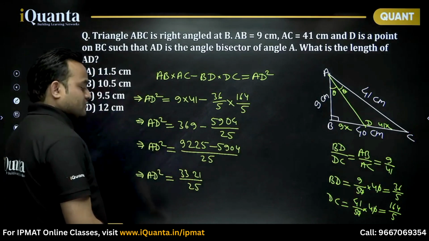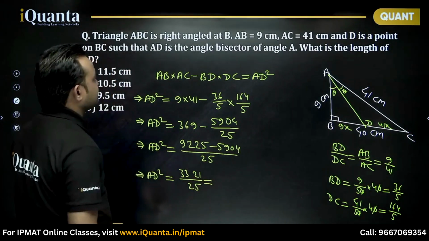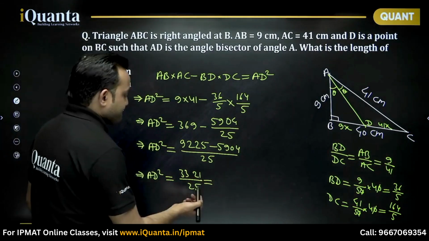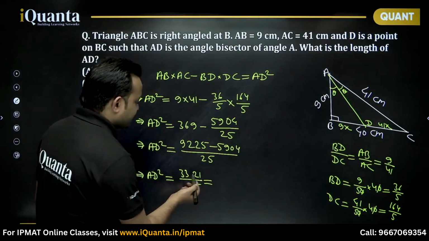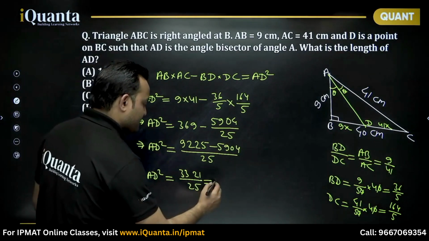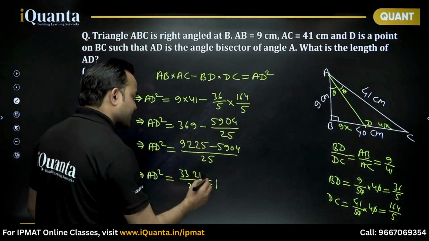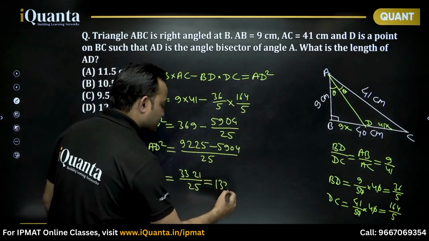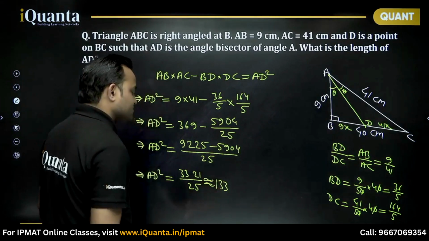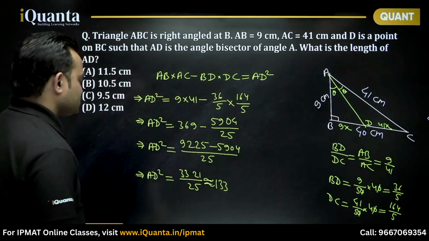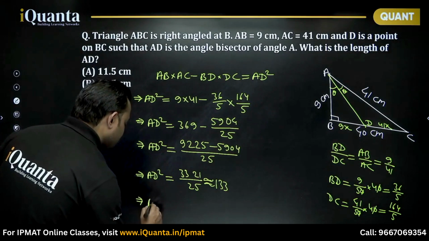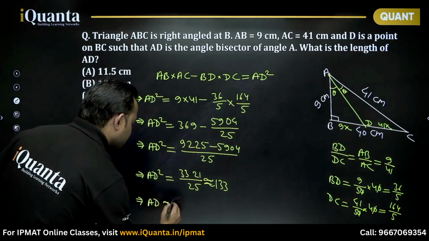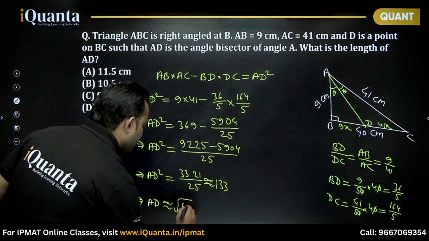So what's this value? This value is, now it says that 3321 divided by 25. So approximately, we are getting the value of this as 133. So AD will be equal to approximately the square root of 133.